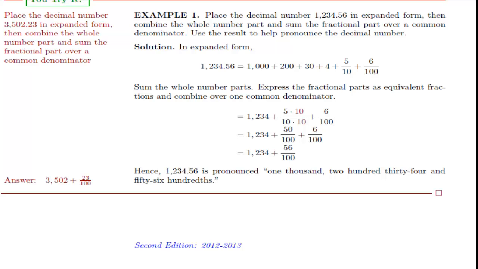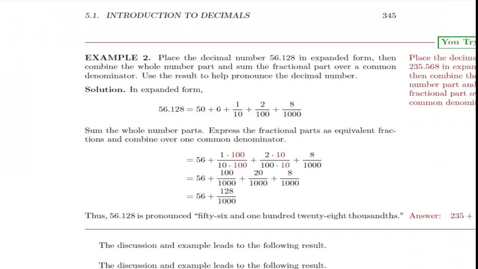Sum the whole number parts, and express the fractional parts as equivalent fractions and combine over one common denominator. 1,000 plus 200 plus 30 plus 4 is 1,234. 5 over 10 becomes 50 over 100 when we multiply the numerator and denominator by 10. And since our common denominator is 100, we won't change 6 over 100. Then 50 plus 6, the sum of the numerators, is 56. Hence, the decimal number is pronounced 1,234 and 56 hundredths.